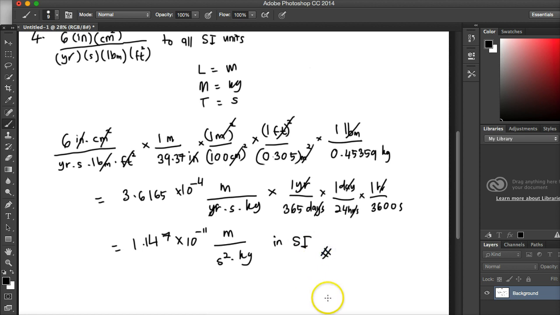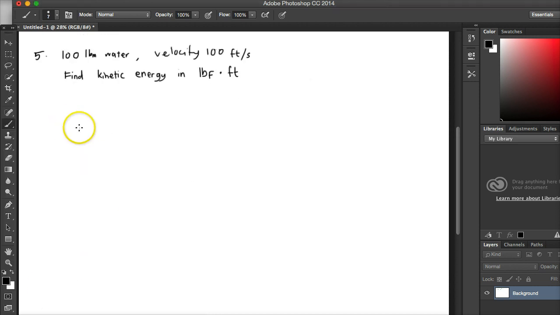Alright, now let's go to the final question, question number 5. This is question 5, and the problem given is 100 pounds of water flows at a velocity of 100 feet a second.